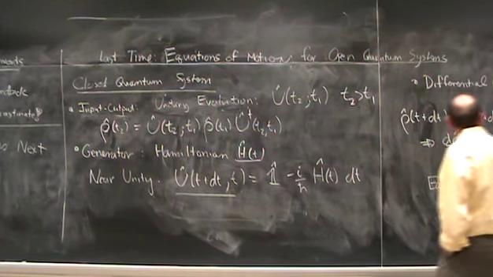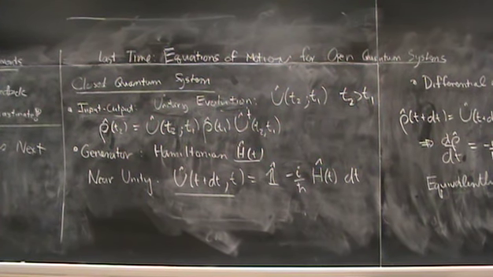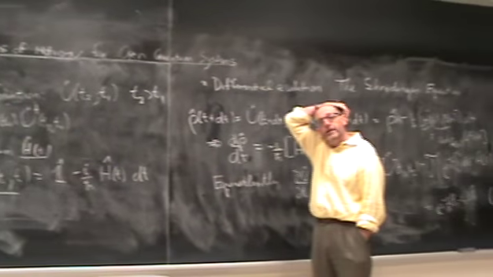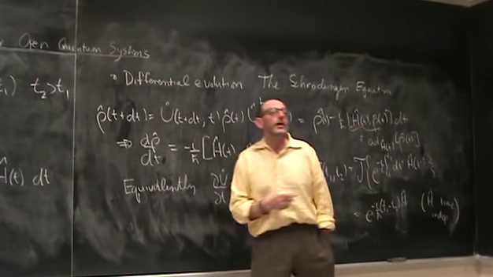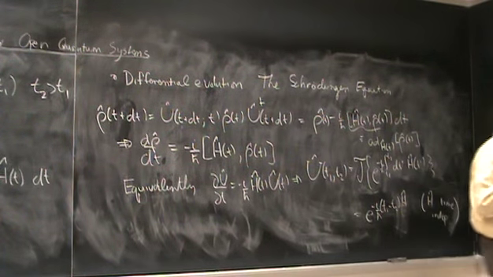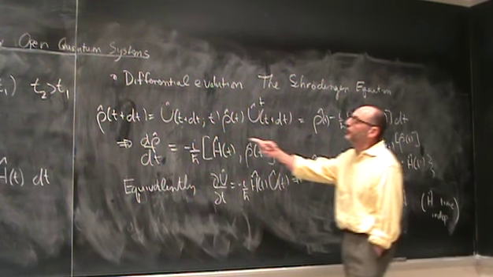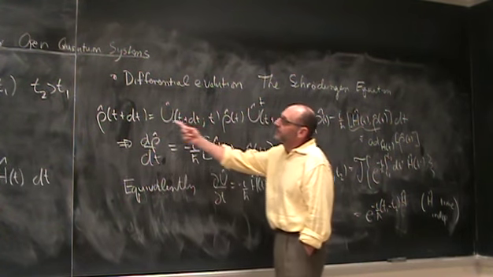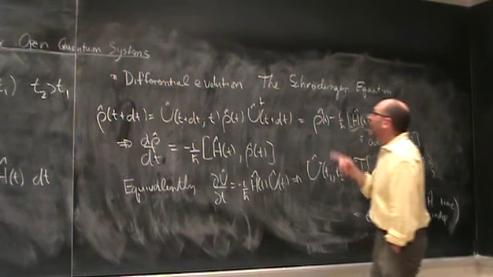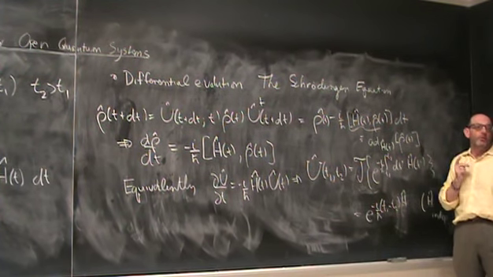And from that, we can derive the differential equations. For example, we can derive the Schrödinger equation. The Schrödinger equation, written as an equation of motion for the state of the system, just tells us how to differentially map from time t to time t plus dt. Keeping those terms to order dt, it has the following form.